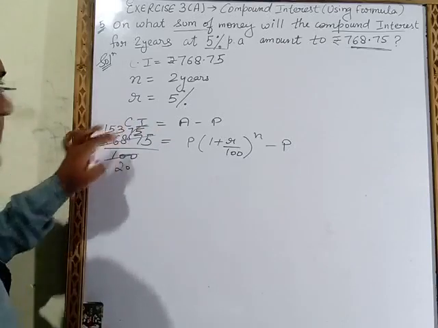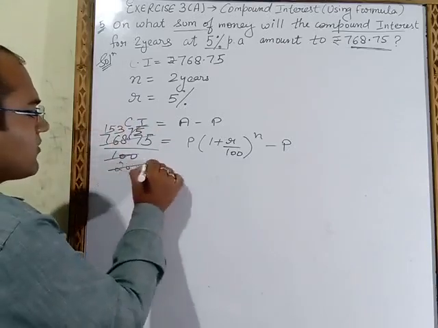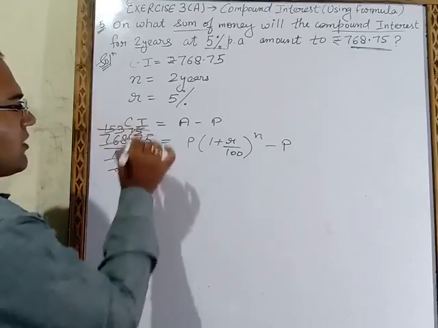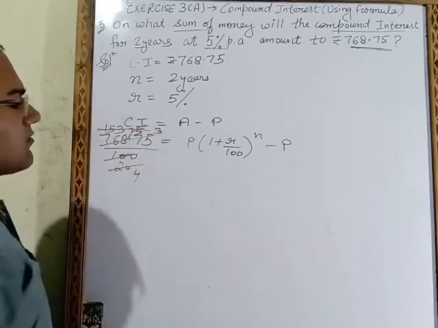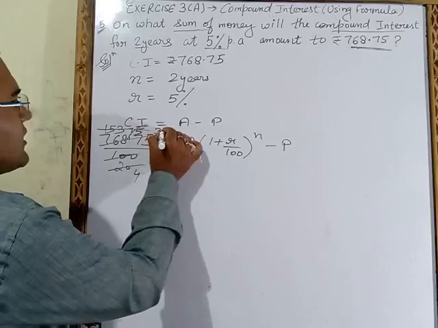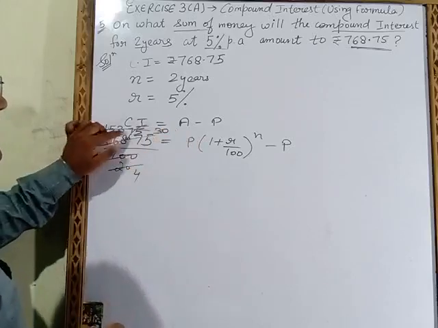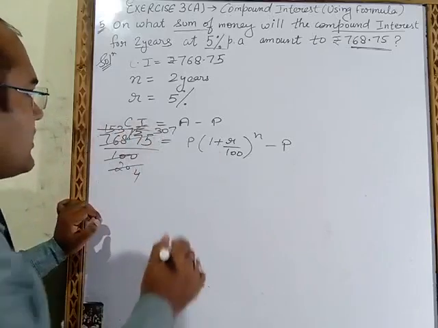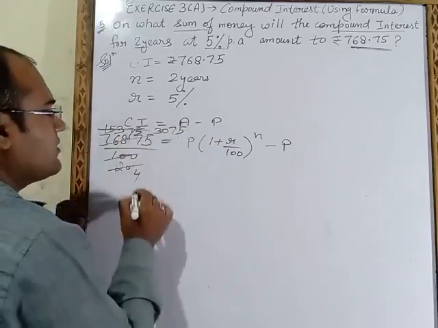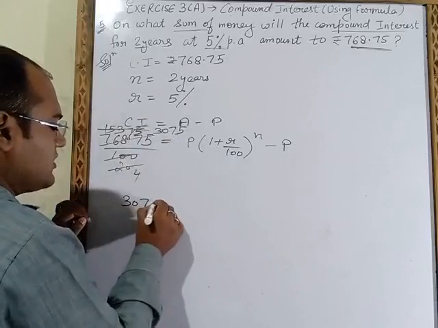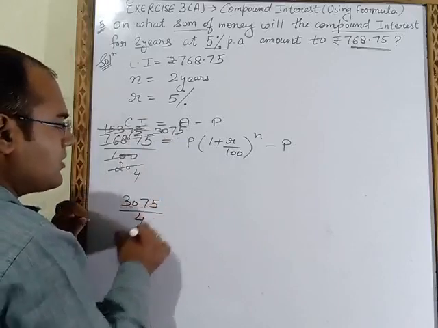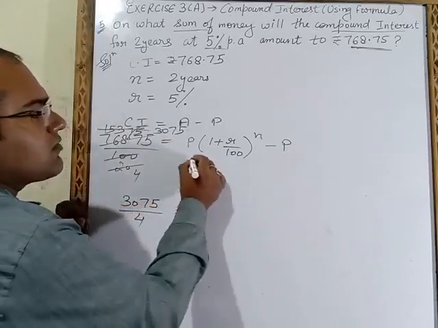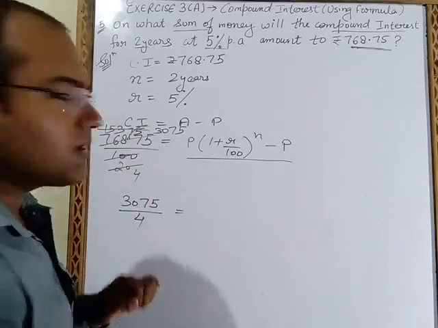So again we can cancel it with the table of 5. 5 times 4 is 20, here also 5 times 3 is 15, 10 0, 37 is there, so 5 times 7 is 35, 2 remainder 2 and 5 25, 5 times 5 is 25. So we get here 3075 upon 4 is equal to, from here we will take P common.